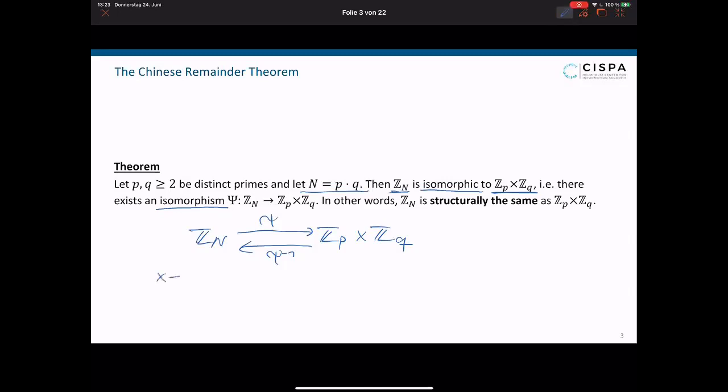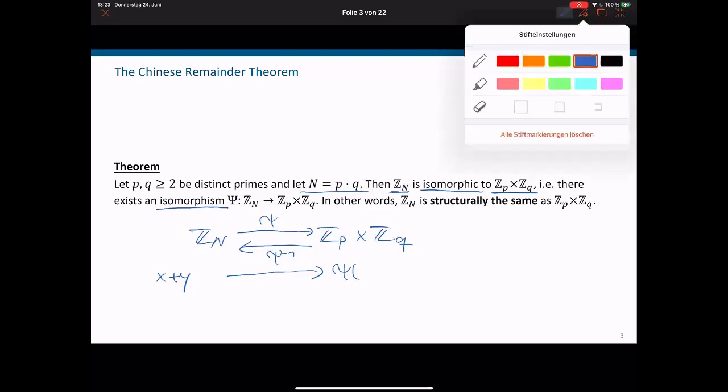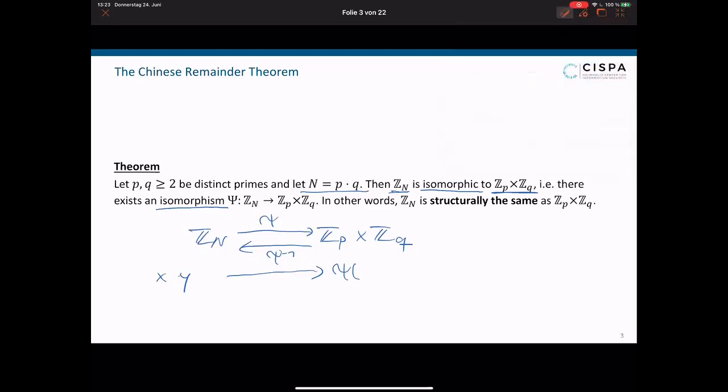Let's say you have x plus y here. You want to compute x plus y, but let's say computing x plus y is a bummer in Zn. So what you can do first is translate to Zp times Zq. Let's say you want to compute either the sum or the product, right?